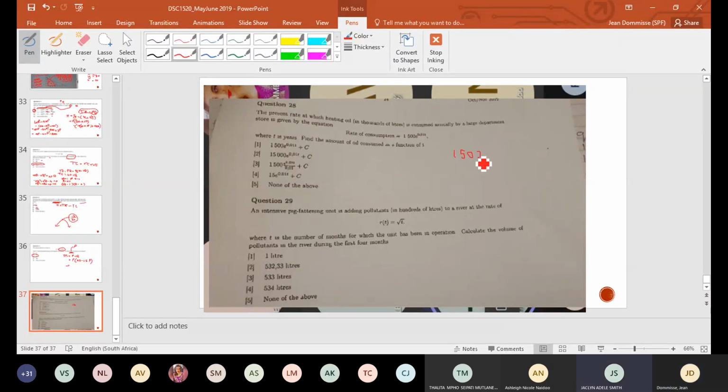Find the amount of oil consumed as a function of T.